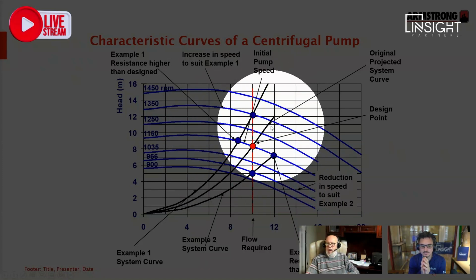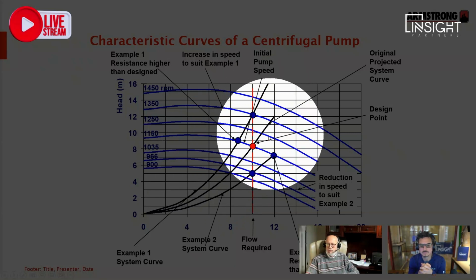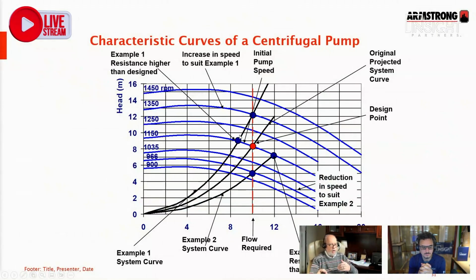And here's the original curve right there in the middle, and we're moving the system curve around based on what's actually going on in the system. Because we know, as an engineer, we don't have any control over how the mechanical contractor actually pipes the system. We do, because we lay out a drawing and say this is where we want the piping to go, but he may add or subtract fittings to the system that you didn't account for.